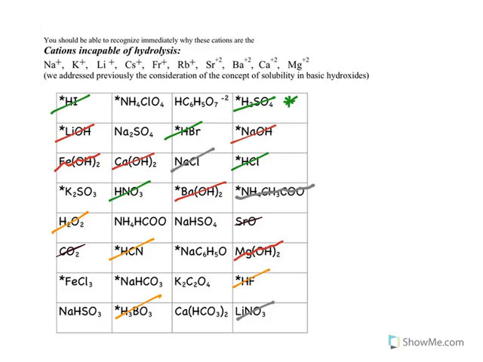Remembering to narrow it down by looking for examples such as this. Looking for cases where there are cations incapable of hydrolysis, and keeping in mind that what determines this restriction is if those ions are soluble in solution or not. So again, there's some clarity around solubility tables and sometimes some question as to the solubility of certain ions in that list.